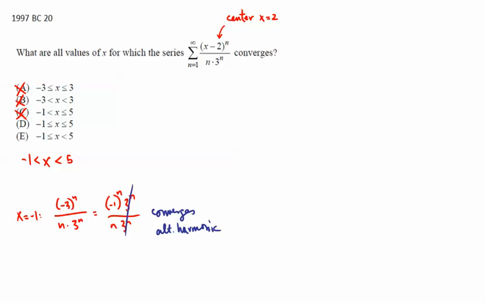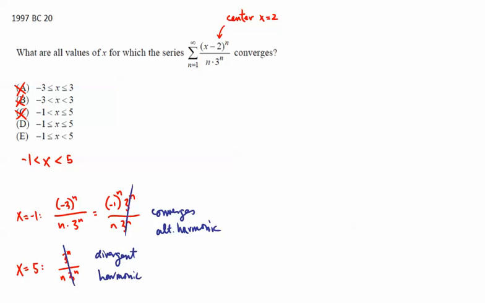Now the only question is, does this converge when x is equal to 5? Well, when I plug in 5, I'm going to get just 3 to the n over n times 3 to the n. And once again, 3 to the n's cancel, and I'm left with the divergent harmonic series.